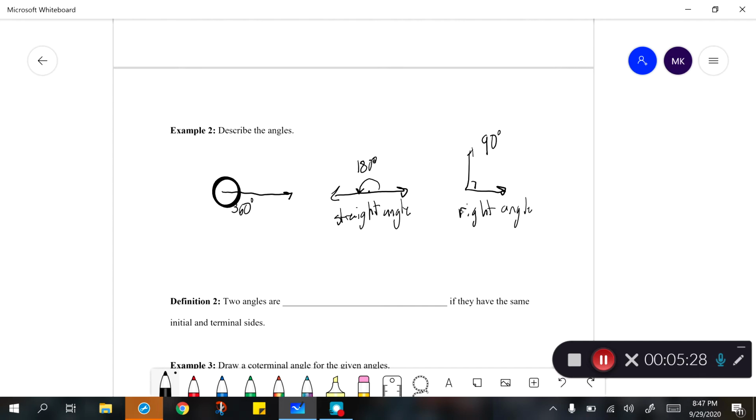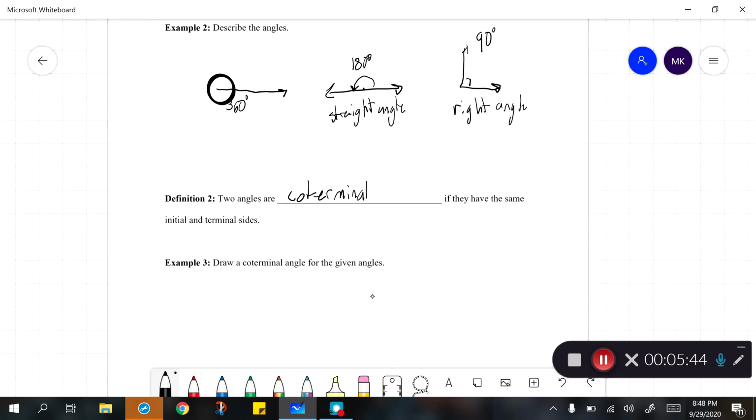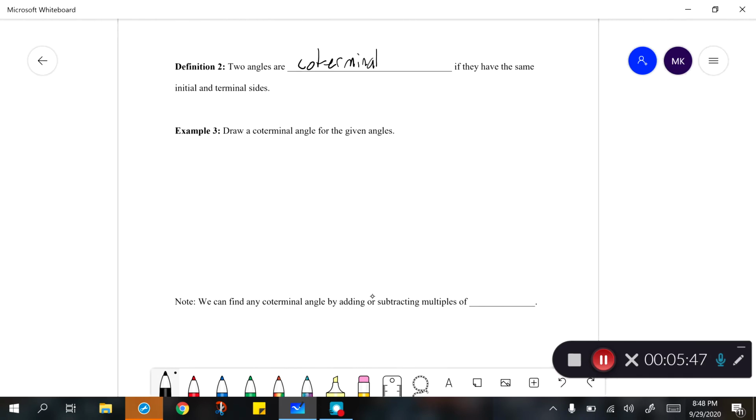Okay. Now, what's really cool is that two angles could have different measures, but they could have the same initial side and the same terminal side. And what we call those is coterminal. Okay, so what would that look like? Well, let's do this in standard position because that's the nicer way to do things, right?